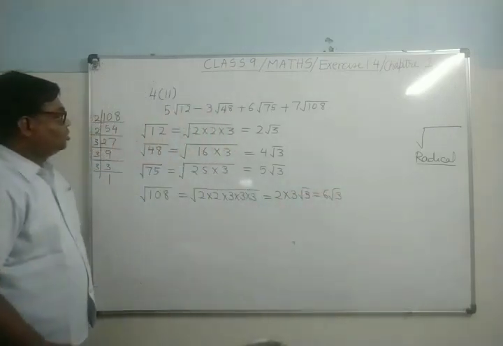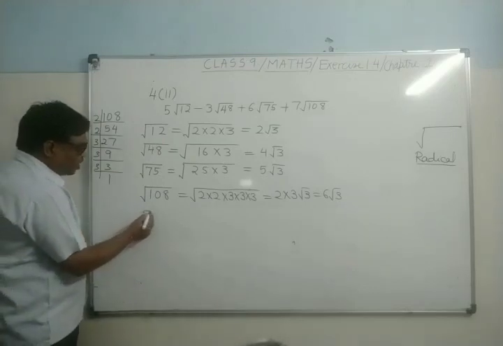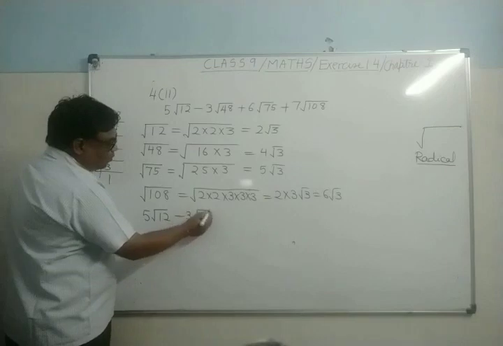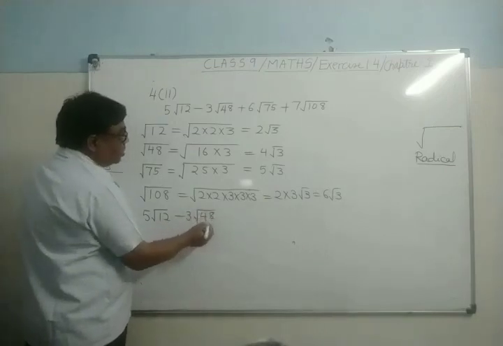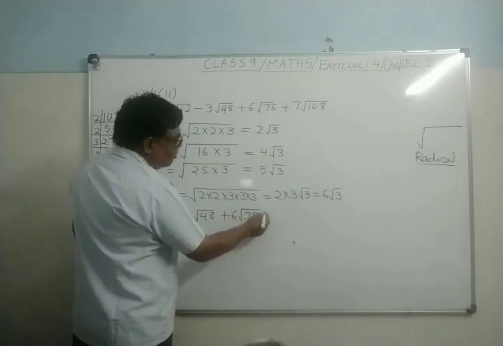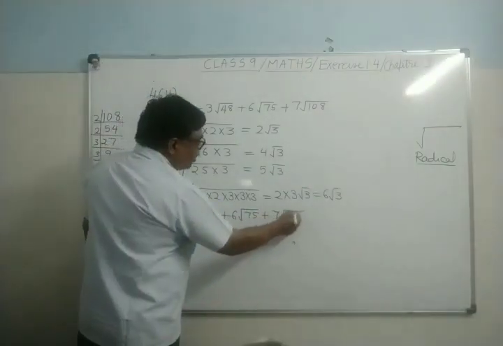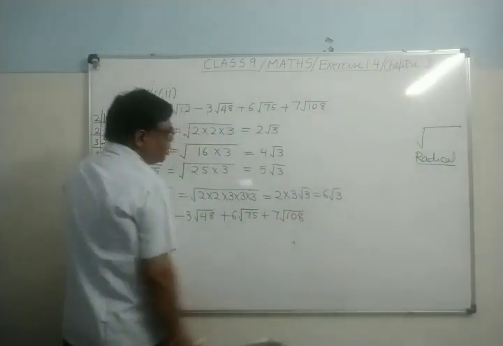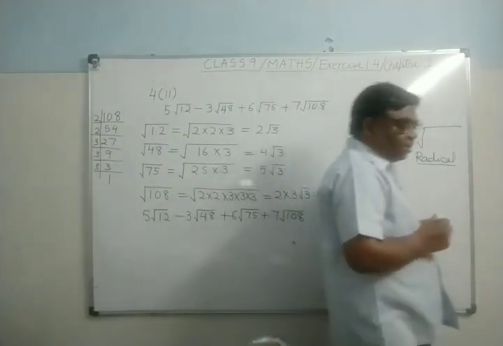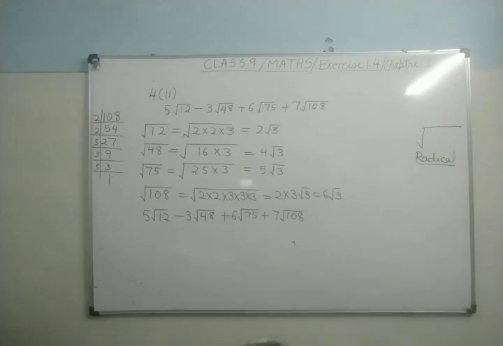Okay. So see here, 5 root 12 minus 3 root 48 plus 6 root 75 plus 7 root 108. You can see how you will simplify this. We will substitute these values.